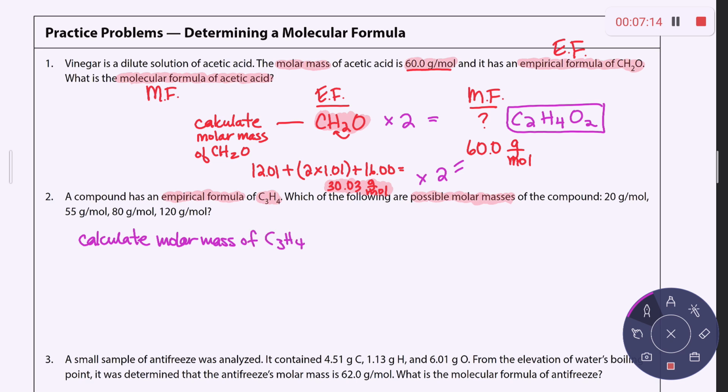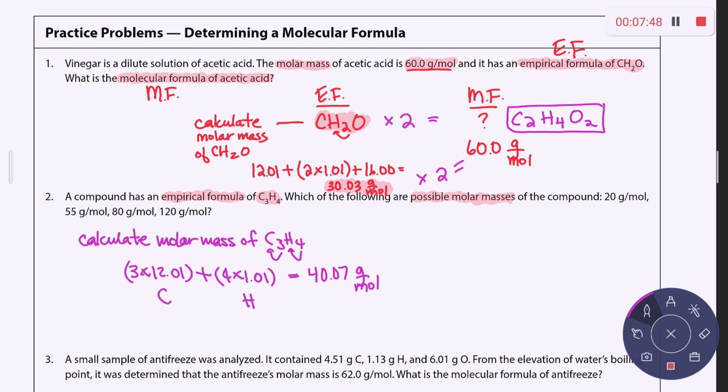What is the molar mass of carbon? 12.01, and I have 3 of them. So 3 times 12.01 for carbon. And then how many hydrogens do I have? 4. 4 times 1.01 for hydrogen. We're going to add all that together. You'll get 40.07 grams per mole for the molar mass of the empirical formula.